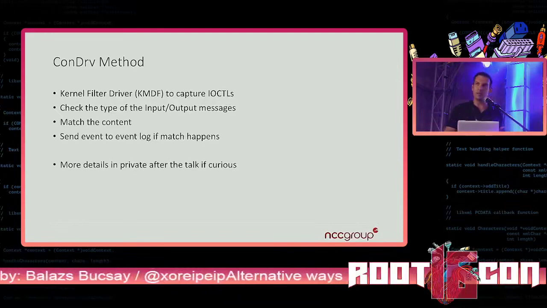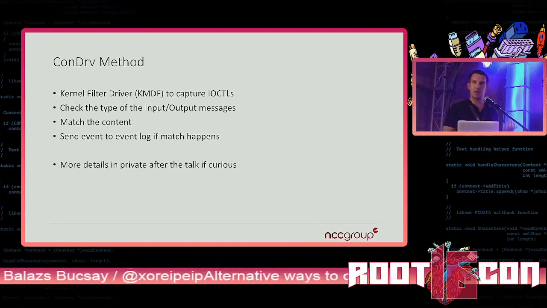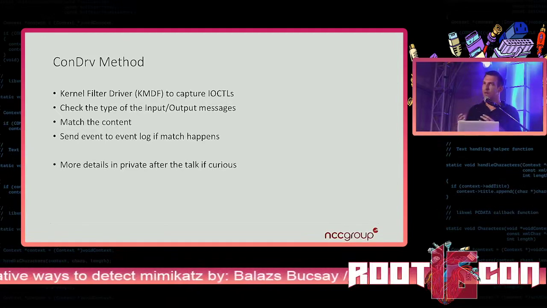So the idea was that with this filter driver, I might be able to capture the IOCTLs, the data that is sent to the device or from the device. Basically, when you send anything to the console, it will be sent by fast IO, and in that payload there is the message type, which describes the message itself.